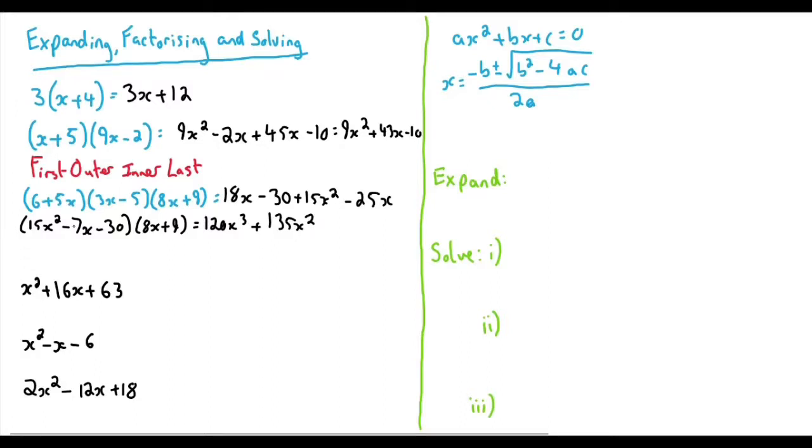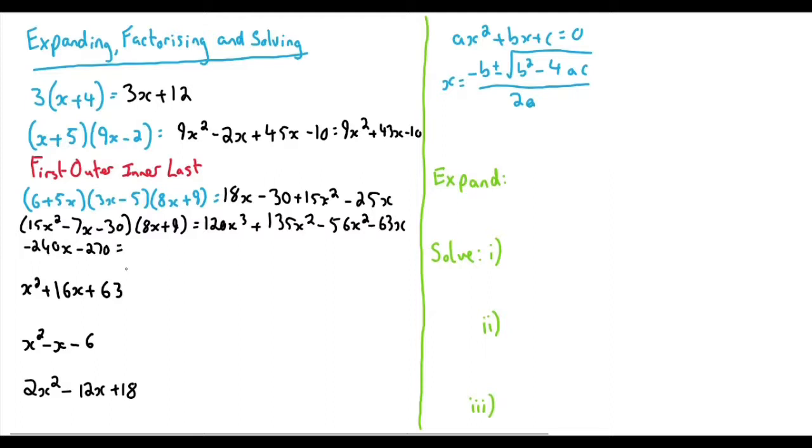Moving on to the second term in this left-hand bracket, minus 7x times 8x is going to be minus 56x squared, and minus 7x times 9 is going to be minus 63x. The final term then, minus 30 times 8x is going to be minus 240x, and minus 30 times 9 is minus 270.